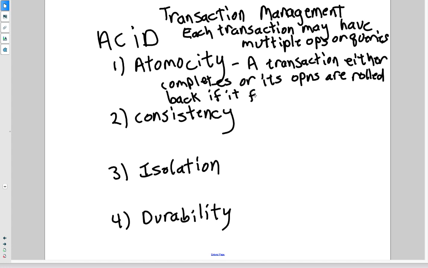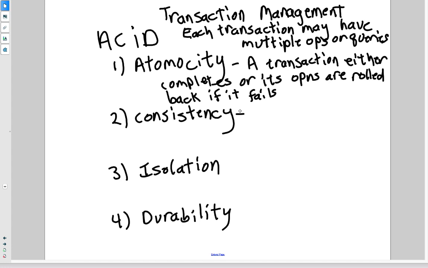So either the operations all succeed or you roll them back. It's binary. You can't have some of the transactions succeed and some fail. That's atomicity. They rise and fall together.